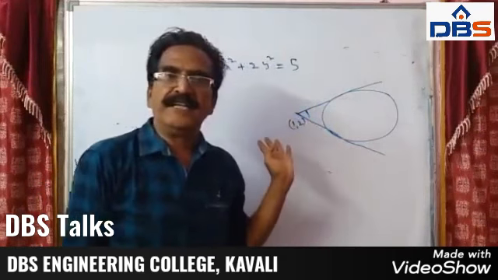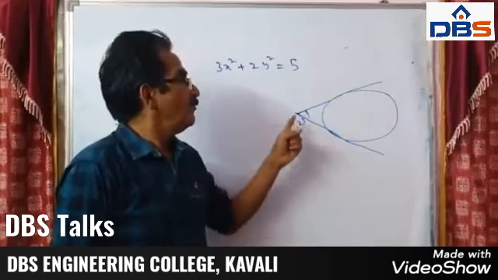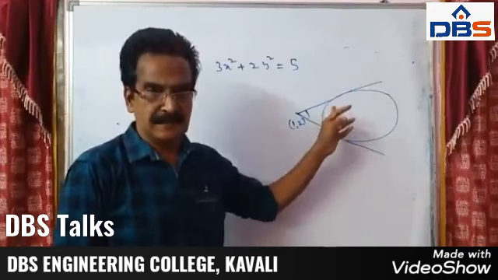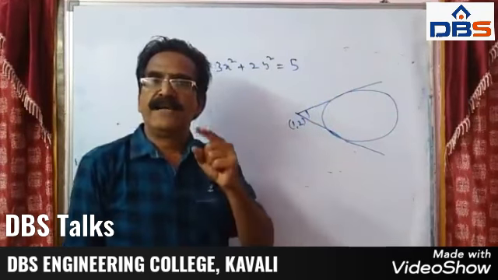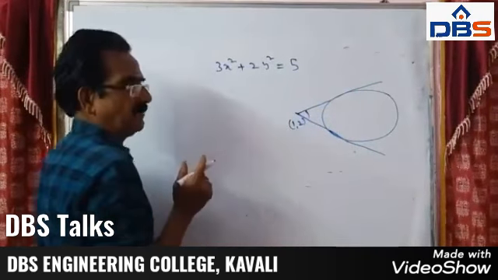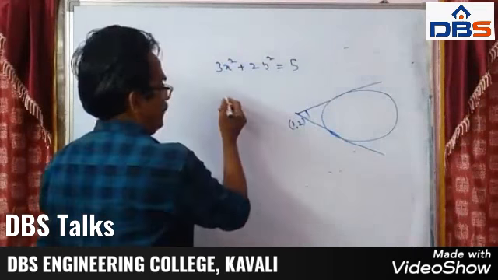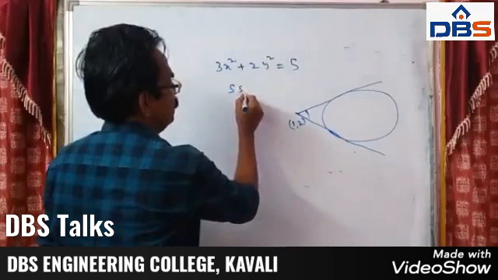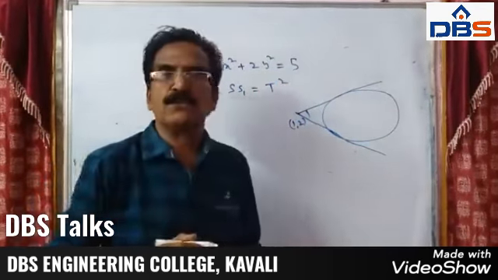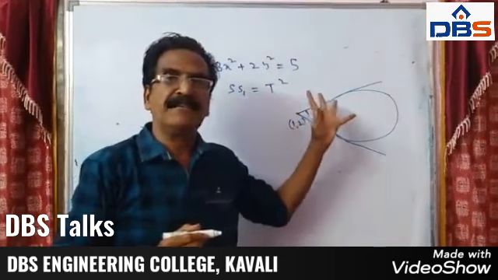Friends, one way of finding the angle between these two tangents is to find the equation of the pair of tangents. We know the equation of the pair of tangents to an ellipse: S into S1 is equal to T square.